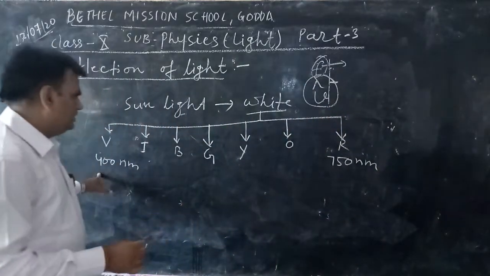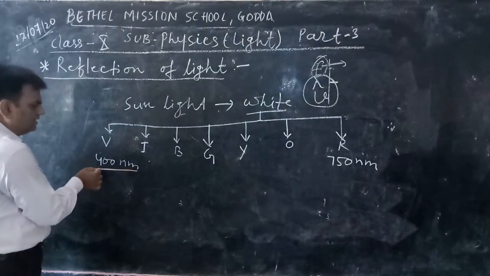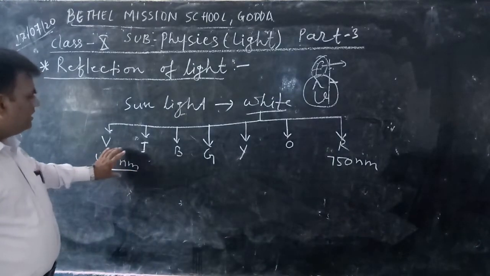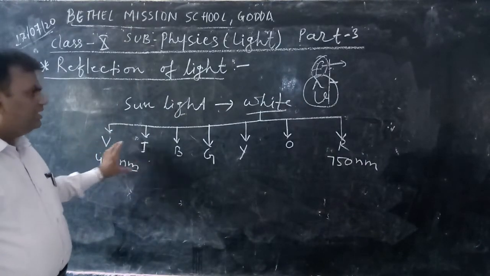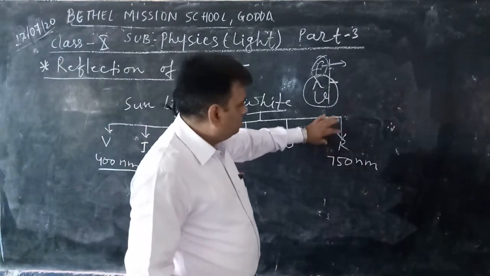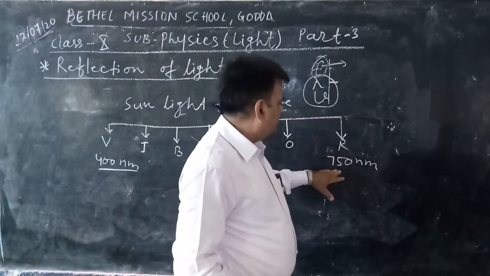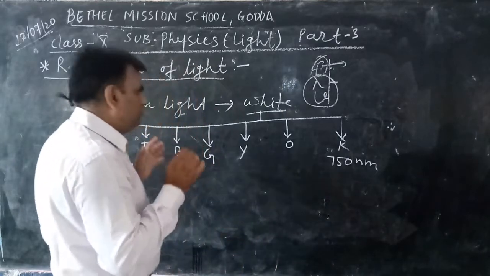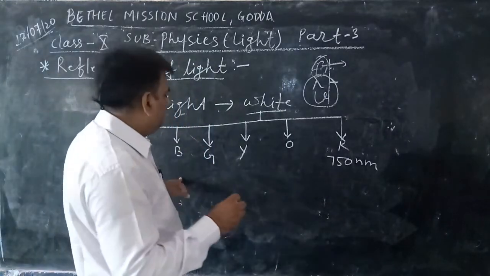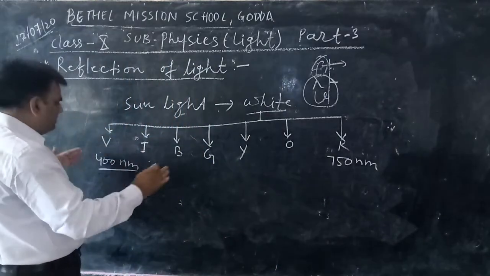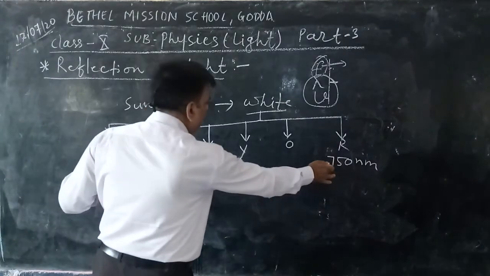The least is 400 nanometer, which is violet color, and the maximum is red color, which is 750. So human beings can see the range between 400 to 750.